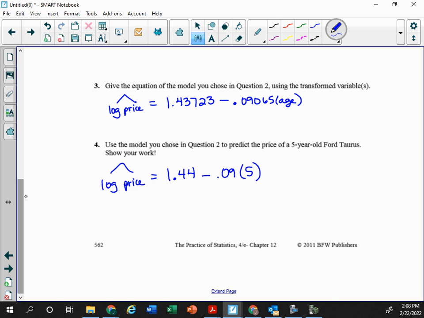Okay, so to solve this log of price, I can get whatever this decimal is over here, right? I don't know. I changed my numbers. Now I don't know what it is. Let's see. 5 years. 5-year-old Taurus.